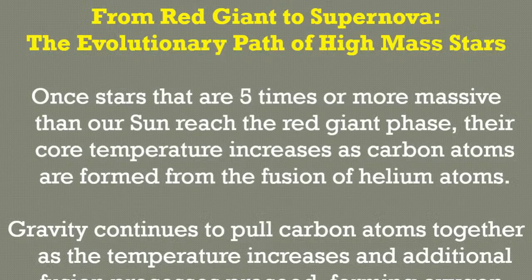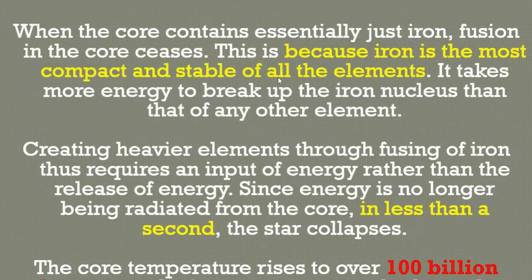Because iron, just coincidentally, is the most stable of all the elements. Right there in the middle of the periodic chart, the configuration is very stable. It's just got that sweet spot of protons and neutrons and electrons. And it takes a lot of energy to do anything with it.